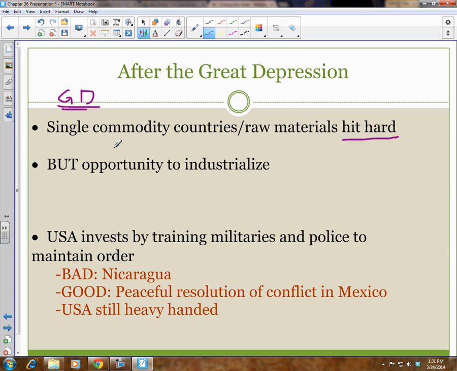Fearful that this would lead to instability in the region, the United States turned from indirect investment to direct subsidization of what was perceived as stable regimes in Latin America during the administration of Franklin Delano Roosevelt. So we prop up regimes.